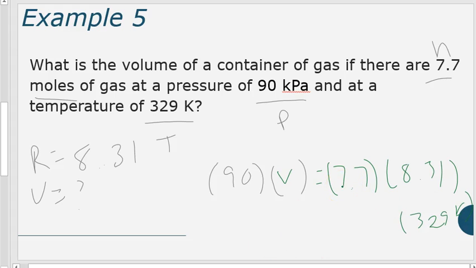We're going to multiply all of these numbers here, and then we're going to divide by 90. So whatever answer you get here, divide it by 90 so you can get volume all on its own.